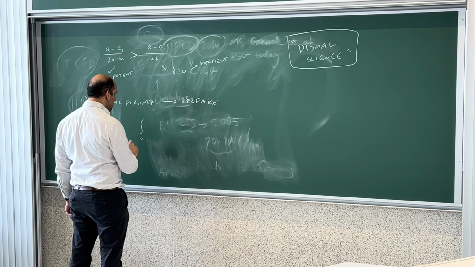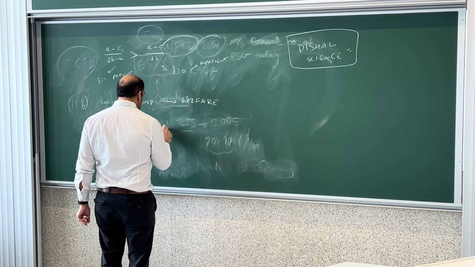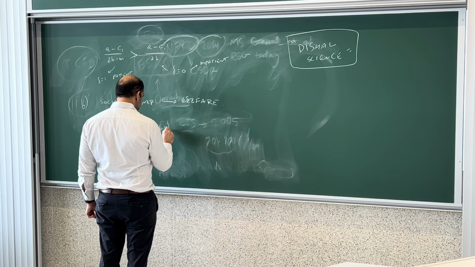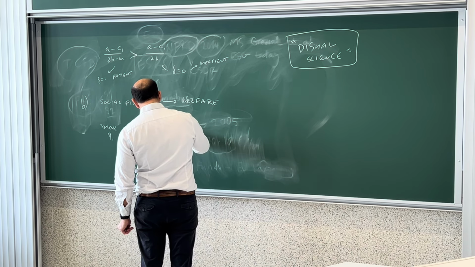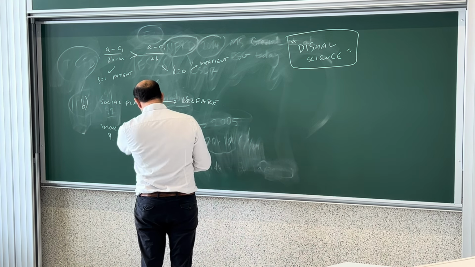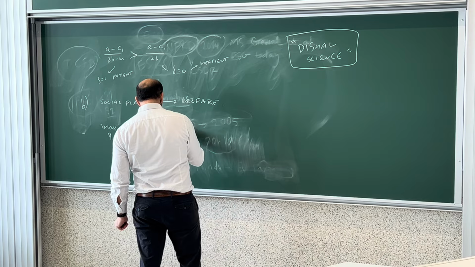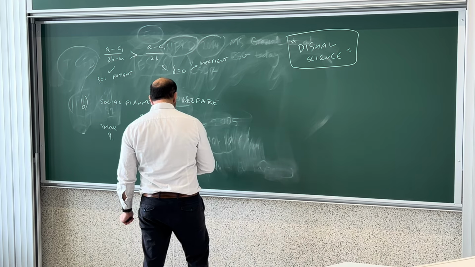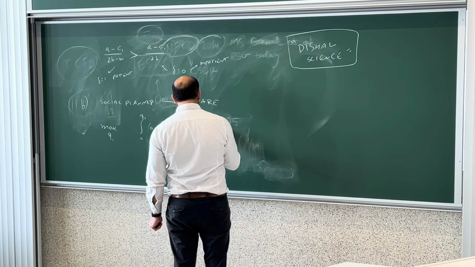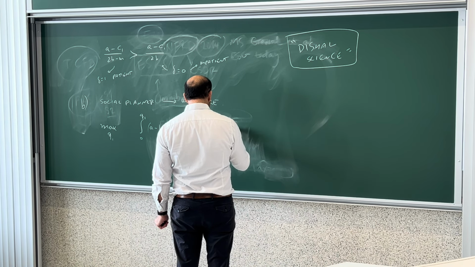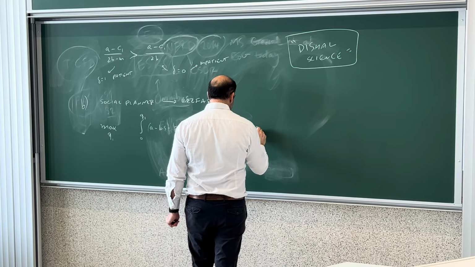Consumer surplus is the integral between 0 and Q1 of (A minus B·s) ds minus P(Q1), the price at Q1, ds, plus the profits, which are P(Q1) times Q1 minus C1 times Q1.